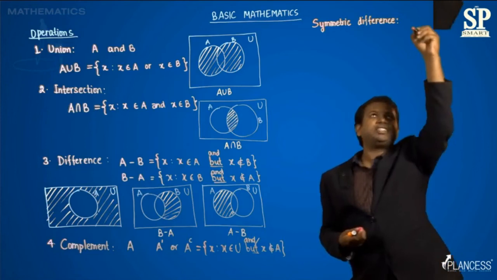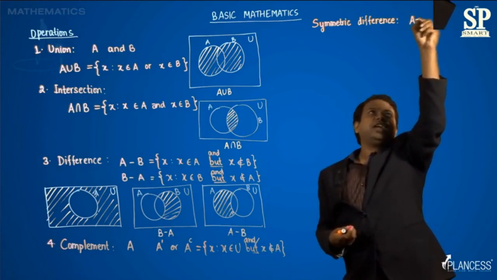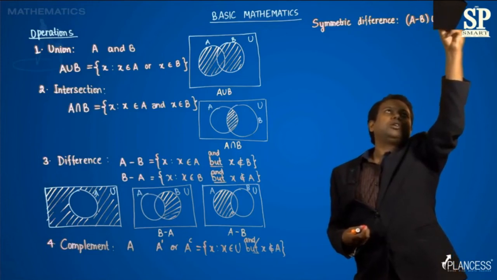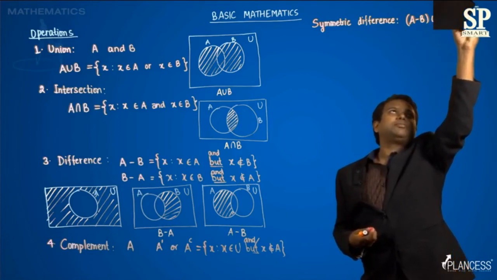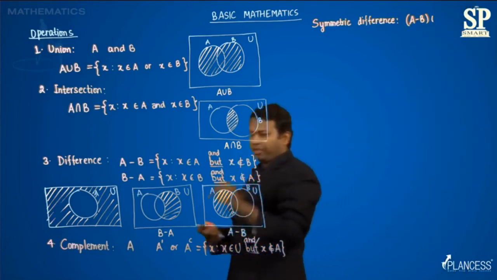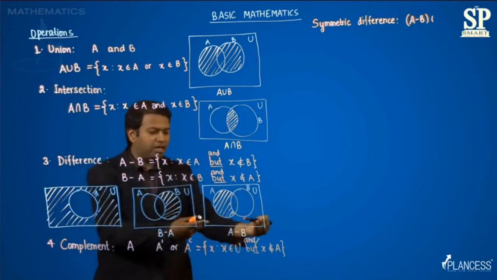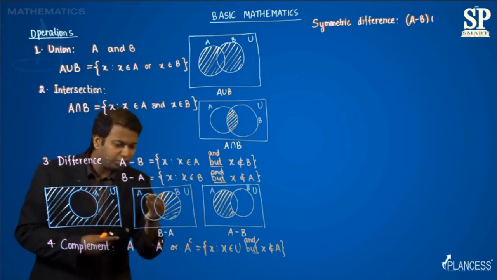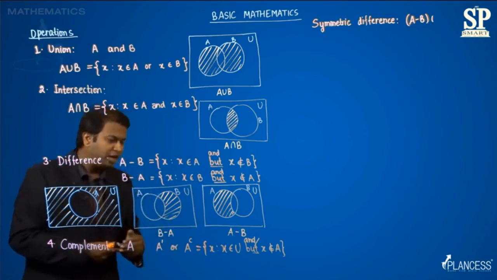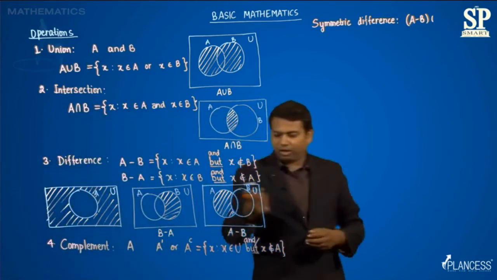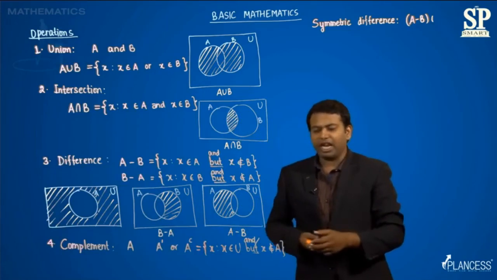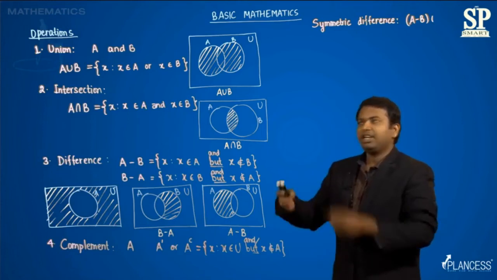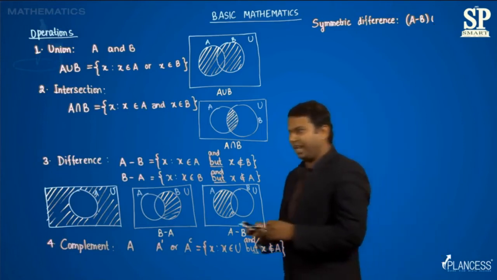Symmetric difference is basically the set A minus B union B minus A. So we have A minus B here and we have B minus A here. So if we also shade this particular portion, that is, if we remove the intersection part from A union B, what we have is the symmetric difference of two sets A and B.